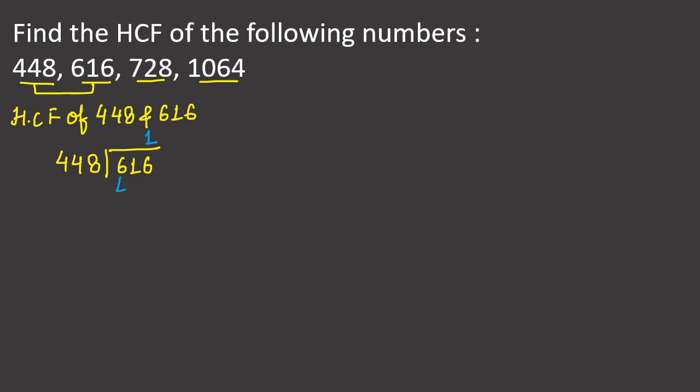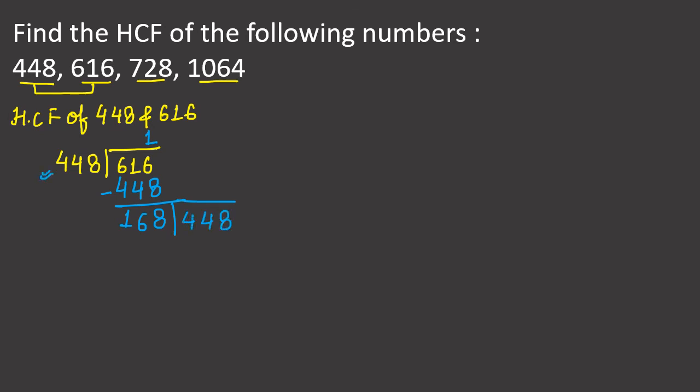448 ones are 448. Subtract them, you will get 8, and here 6 is left and 1 left here. Now 168 is the remainder and it will be the next divisor. Next dividend will be 448.